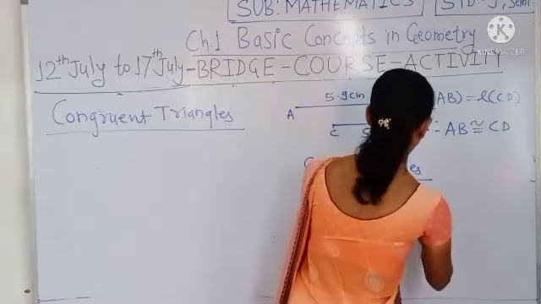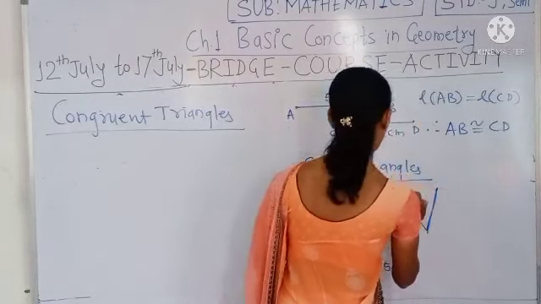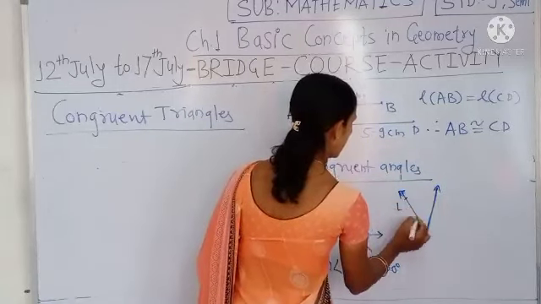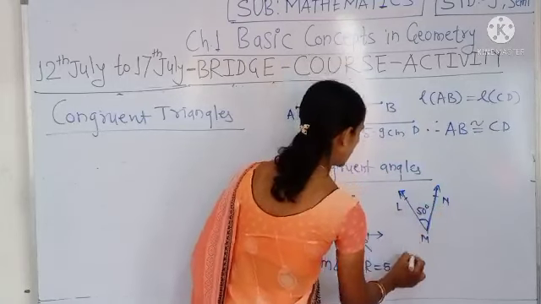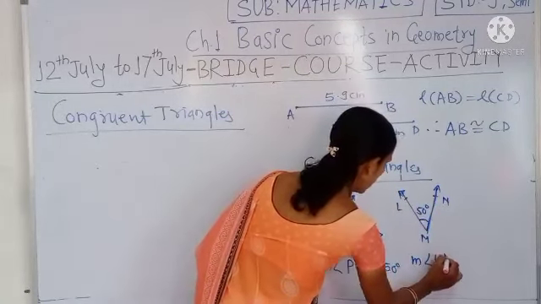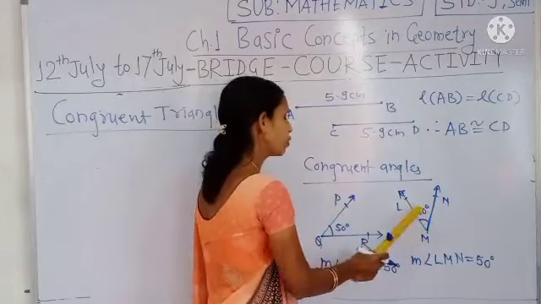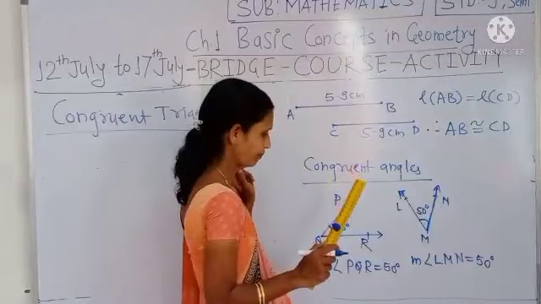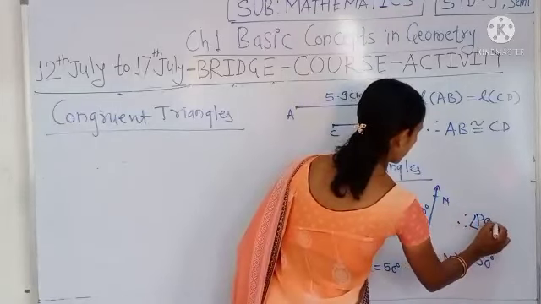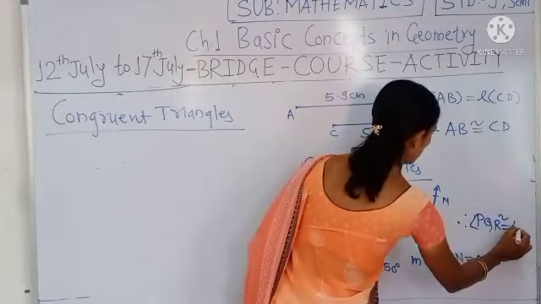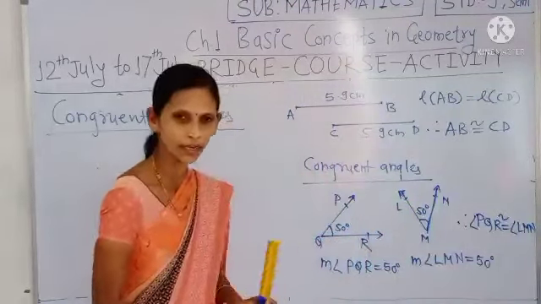And one more angle, angle LMN, is also 50-degree. Therefore, the measure of angle LMN is also 50-degree. That means the measurement of both angles is the same. Therefore, angle PQR is congruent to angle LMN. That means those angles are congruent angles.